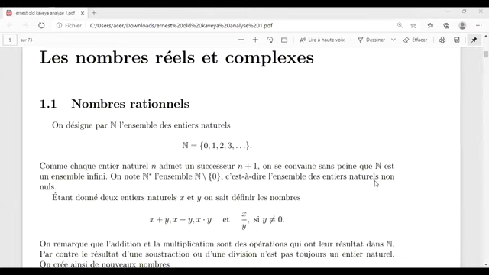A rational number is a number that can be expressed as a quotient or fraction p over q of two integers. Didn't get you, you can repeat.